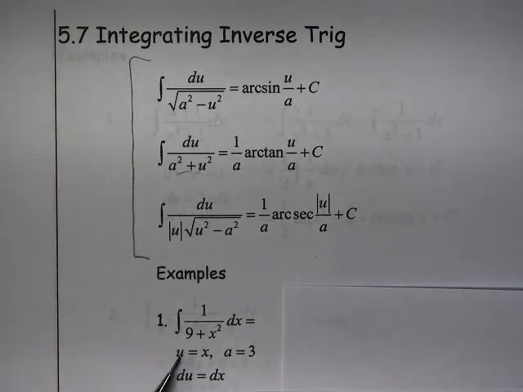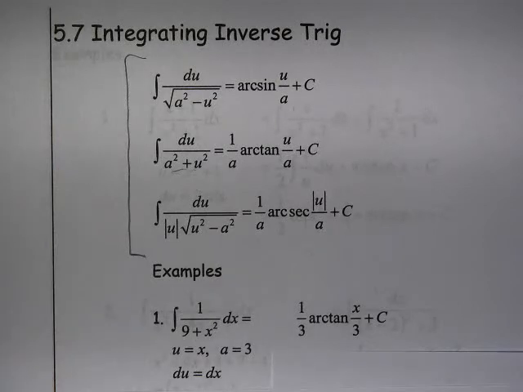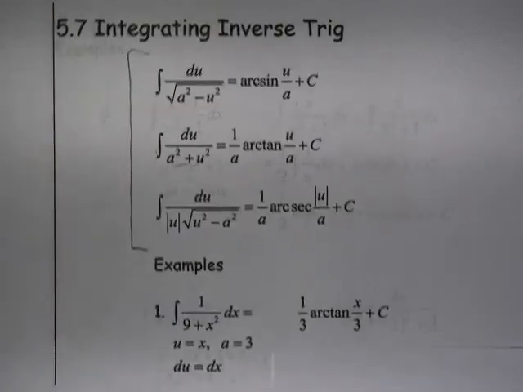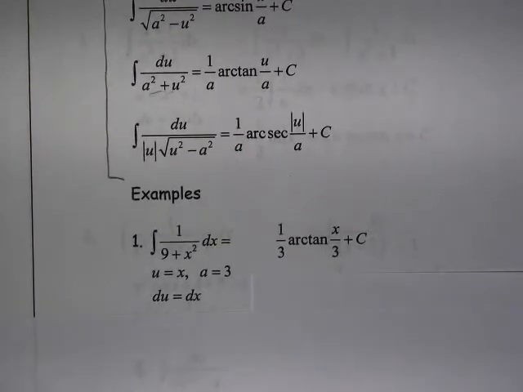And we need to make sure when we do du, we get just dx, so that 1 in the numerator works out well for us. We're good there. And then we just fit the pattern. It's 1/3 arctan of x over 3 plus our constant of integration. Okay, so that's obviously a pretty straightforward one, a problem that fits the pattern really directly.